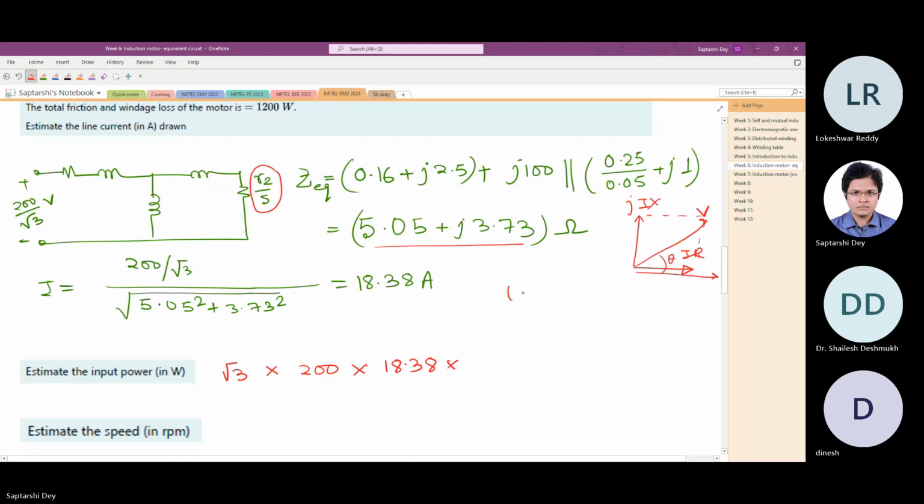So tan theta is X by R. From here, if you find out, theta will come out as 36 degree.